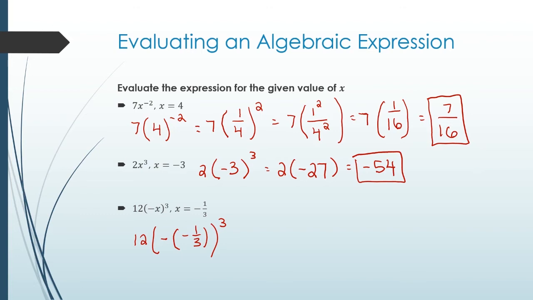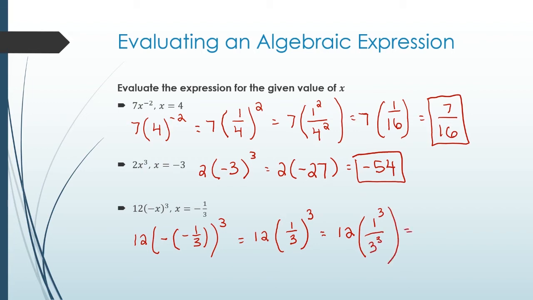So negative times negative 1/3 cancels. So that is 12 times positive 1/3 to the third power. So I'm going to distribute my exponents. 12, 1 to the third power, 3 to the third power.